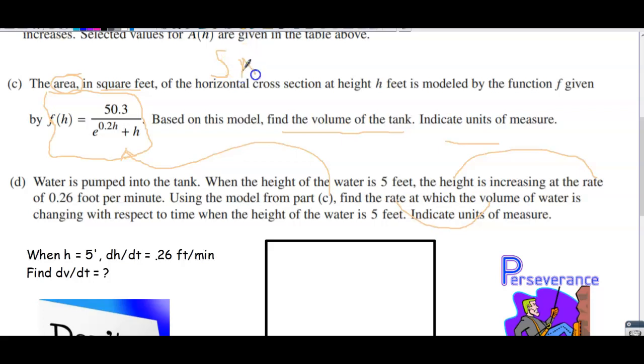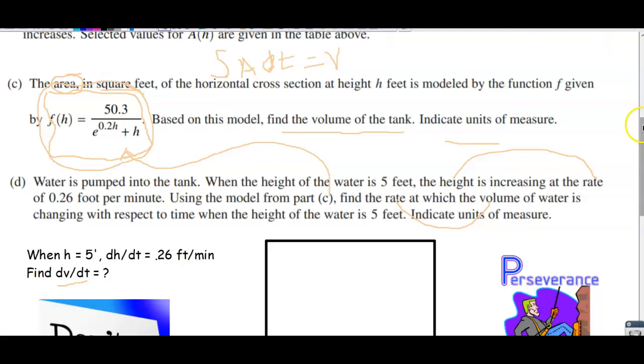But if we were to integrate area, that would take us back to volume. So that's what I'm going to do. I'm not literally going to integrate, but I'm going to try to help you understand where we're getting the volume rate from, because I need dV dt.